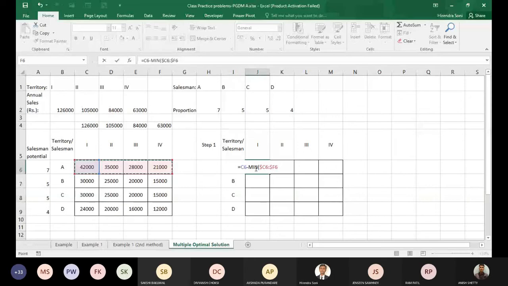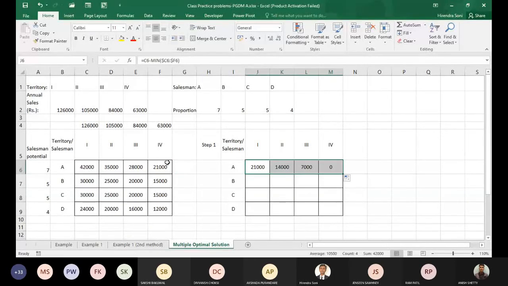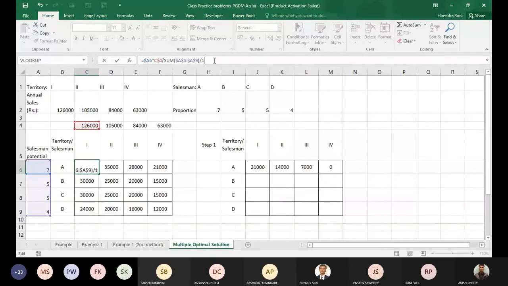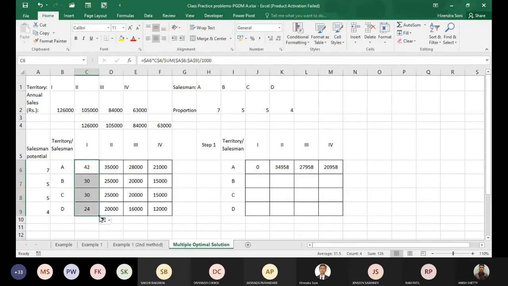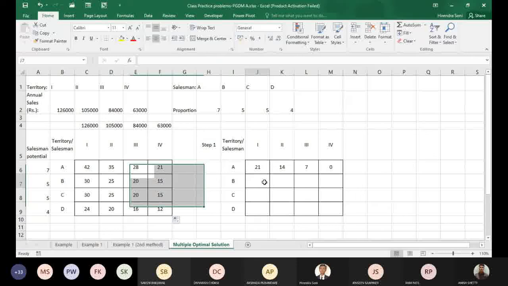The columns are to be freezed. I'll just pull over everything. One more thing we can do: right here, divided by 1000 as well, so all the values will get reduced. It becomes easy for us to work around.